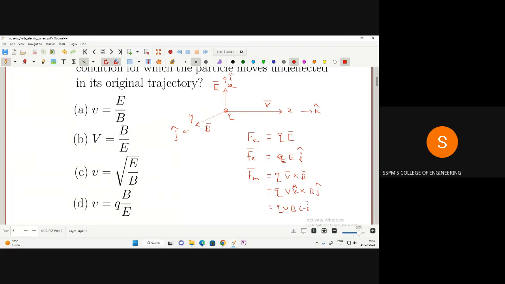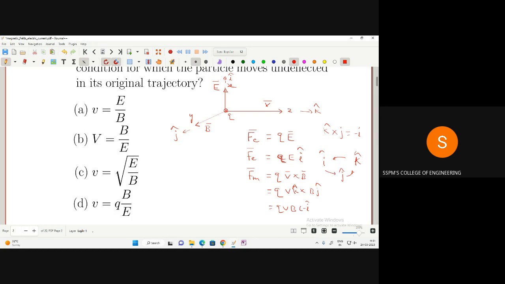This is determined with the help of the vector identity, where k cap cross j cap is equal to minus i cap. And how can it be determined by using this logic? We can read i, j, k in the anticlockwise direction, where i cap cross j cap is equal to k cap, j cap cross k cap gives i cap, k cap cross i cap gives j cap, like that.